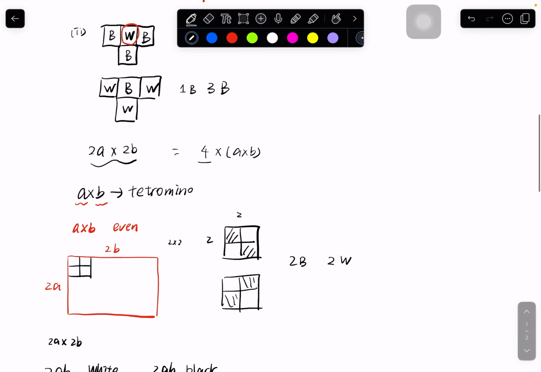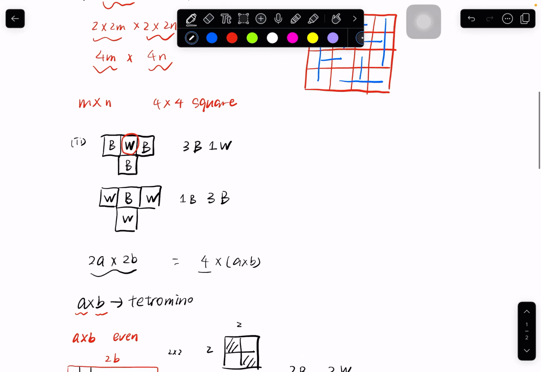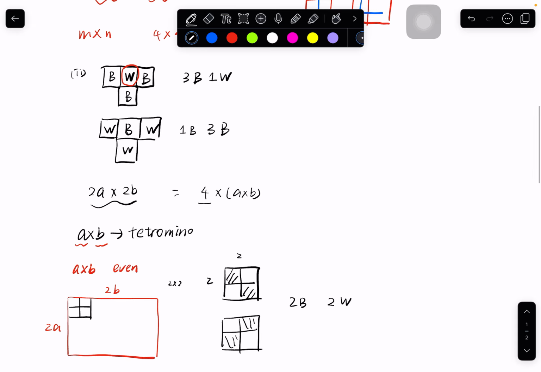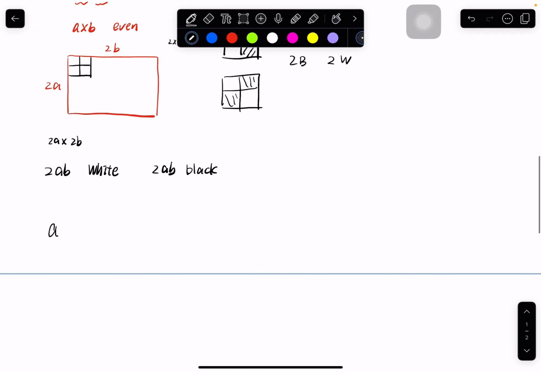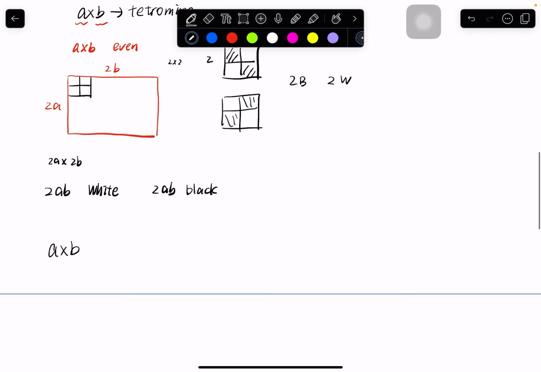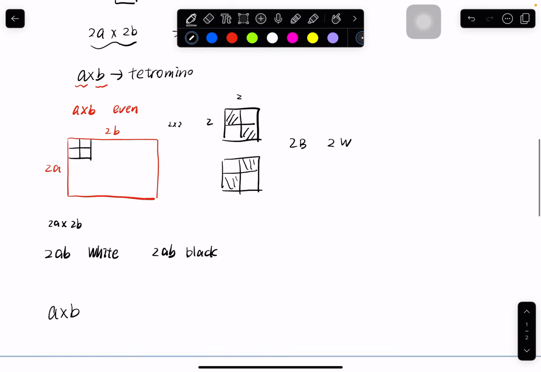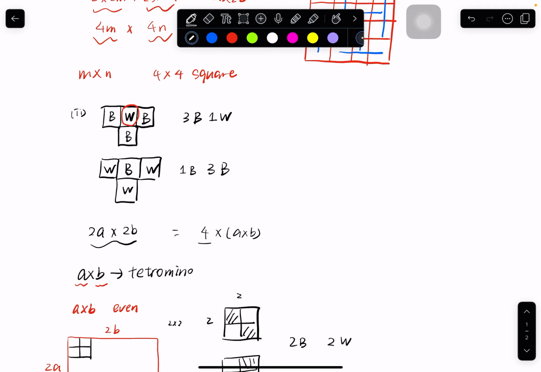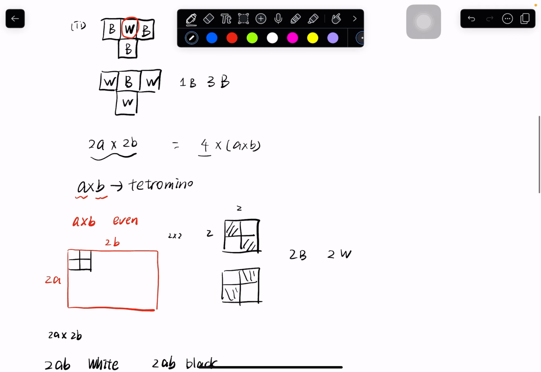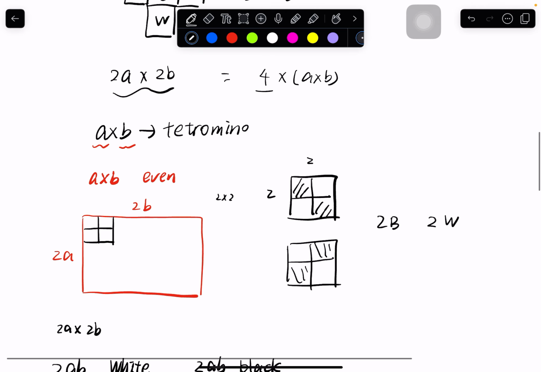Okay, let's go back to the tetramino. We have a times b tetraminoes if this rectangle could be filled up.